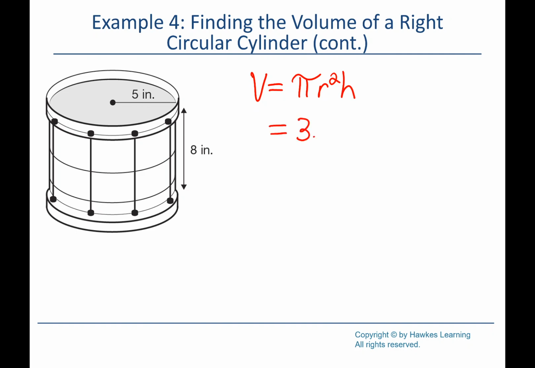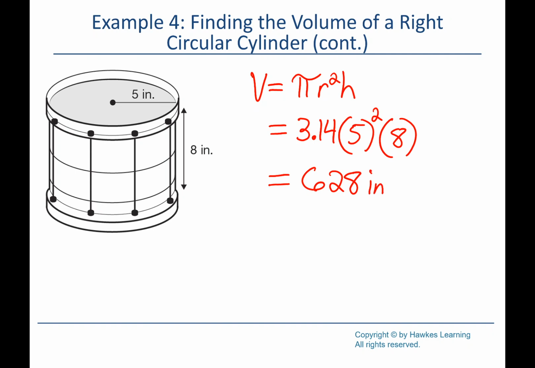So we'll have 3.14 times 5 squared times our height, which is 8 inches this time. Here we get 628 inches, and then it's volume, so cubic inches.